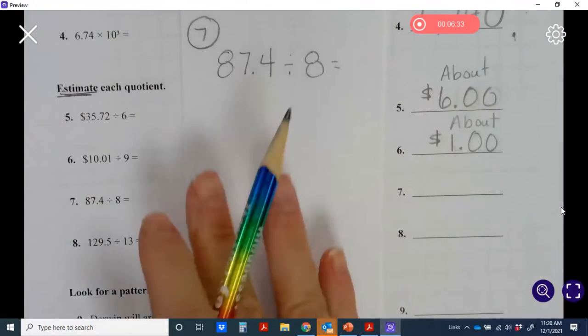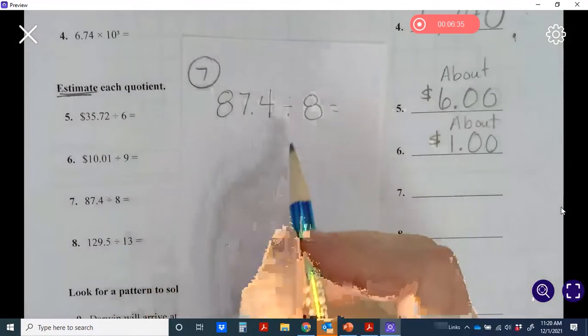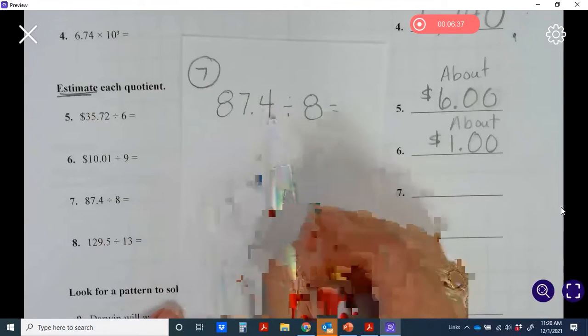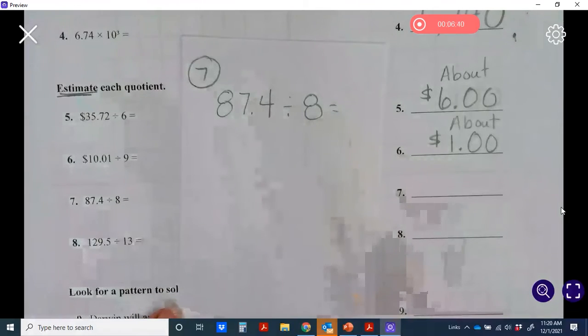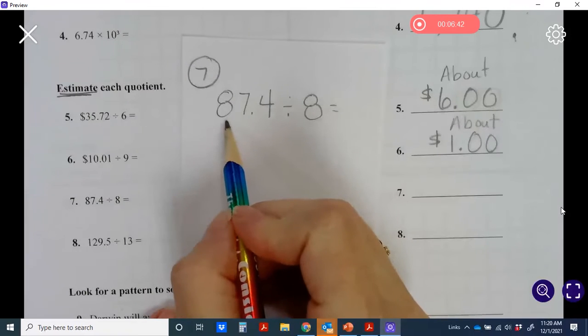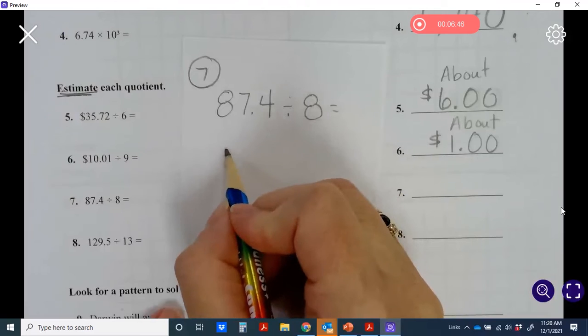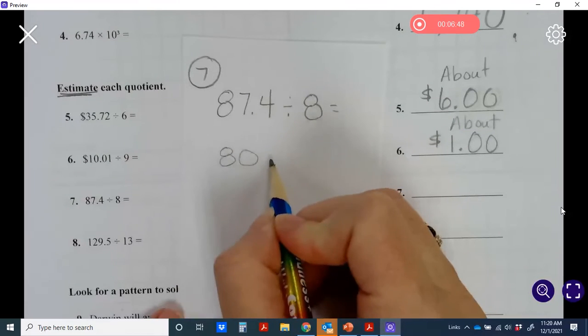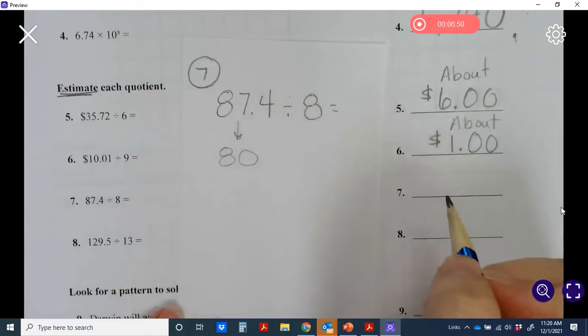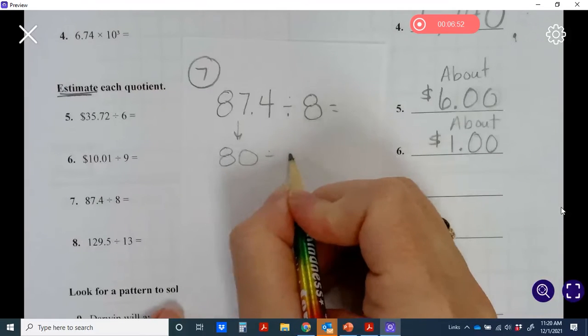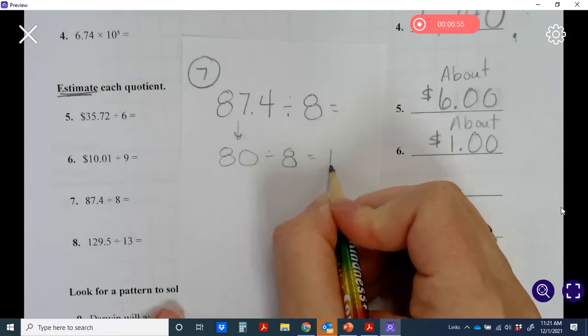So for this example, I'm going to show you that. Okay, so for here, I feel like rounding this to 80 would be kind of a big difference, okay? Like 80 divided by 8 equals 10.